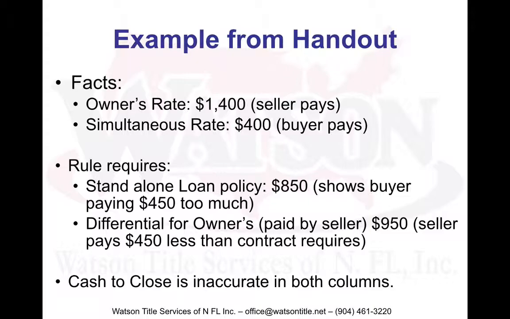Then after we do this example, I'll show you what it would look like for a closing in our area outside of Nassau County. But anyway, let's get started and look at the facts of the example that we have.